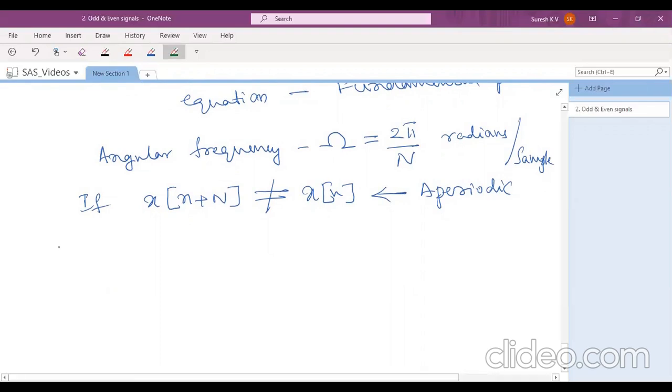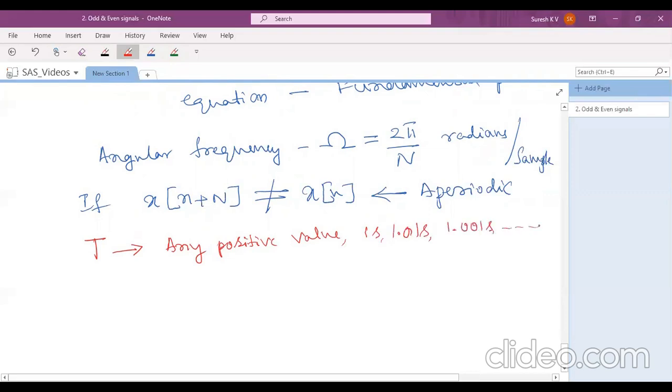Before taking the example, there is one observation that all of us should know here. T, which is the time period specified for continuous time, can be any positive value. That means I can have it as 1 second, 1.01 seconds, or 1.001 seconds.